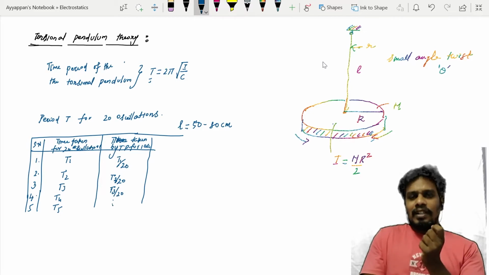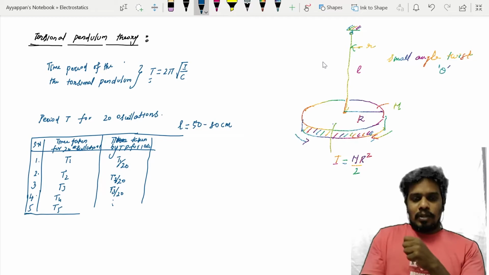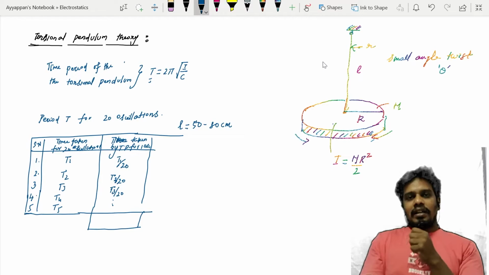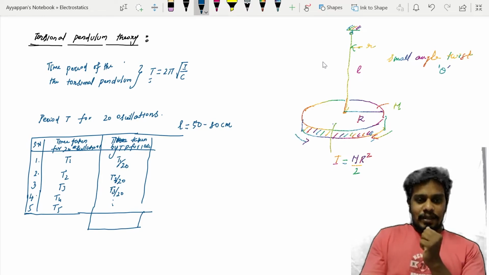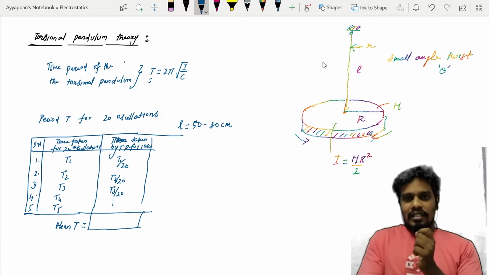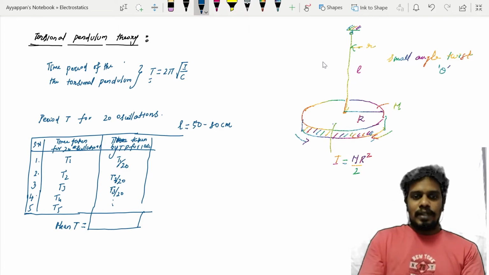You can repeat 5 or 10 times, or more, for a better result. Then you take the mean: if you take 5 results, you sum them up and divide by 5. That is called the mean time period. So experimentally, you can determine the time period of oscillation of the torsional pendulum.